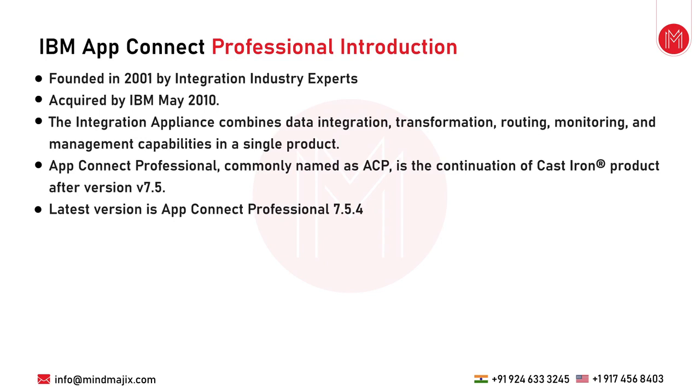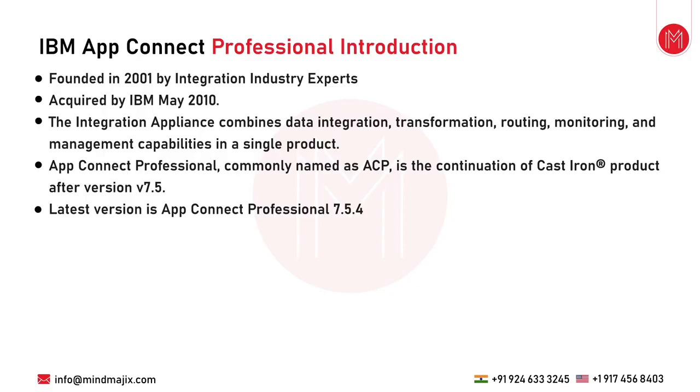All these things we can do by using this App Connect Professional tool. As I already mentioned, from Cast Iron 7.5 onwards, they renamed it to App Connect Professional. And the latest version is 7.5.4. This is the latest version from the IBM team.